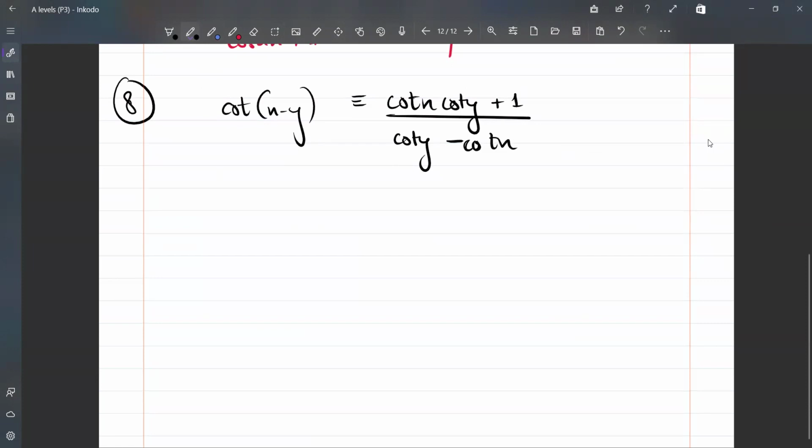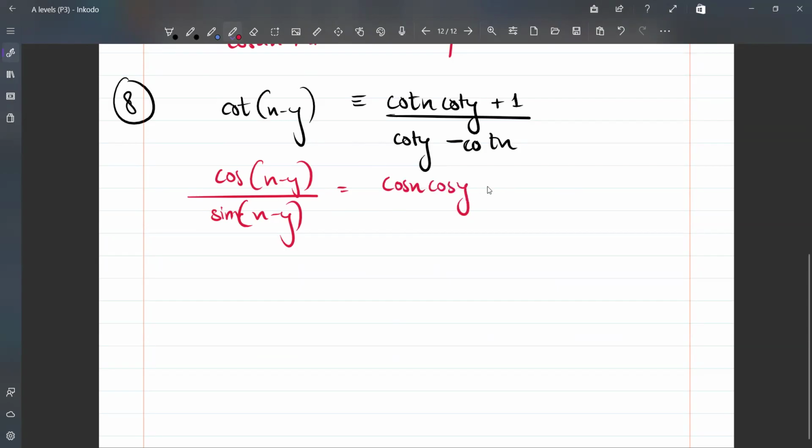So let's start. We know that cot x minus y is cos x minus y upon sin x minus y, and cos x minus y is cos x cos y plus sin x sin y, and sin x minus y is sin x cos y minus cos x sin y.